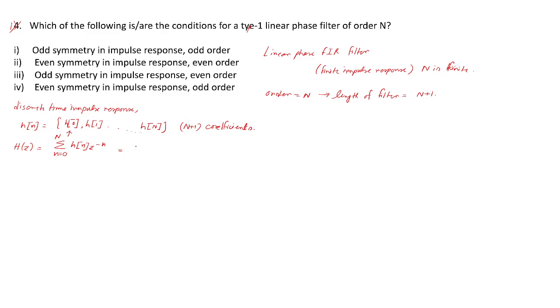So you get your Z transform. If I simplify it further, something like this, up to h[N] z to the power minus N.